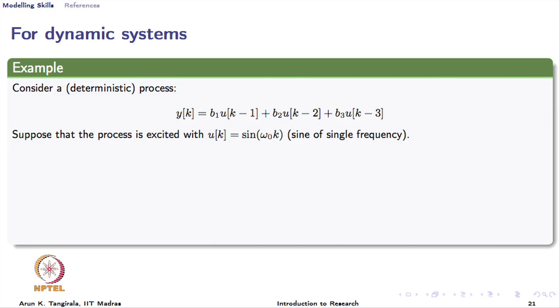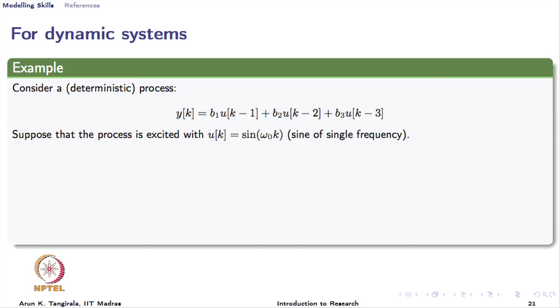Suppose I perform an experiment where the input is sinusoidal. This is very common in mechanical systems or all systems which have oscillatory characteristics, or which are characterized only at specific modes or frequencies. Suppose I perform an experiment with a single sinusoid, a single-frequency sine wave.